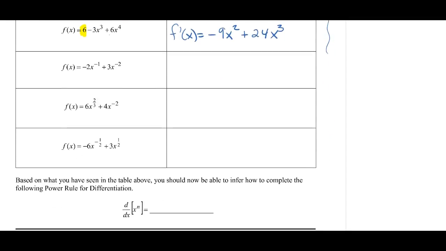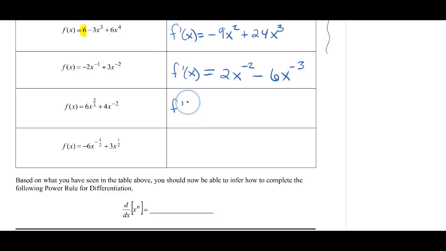Moving on to our next three functions, the derivative of this function is 2x to the negative 2 minus 6x to the negative 3.